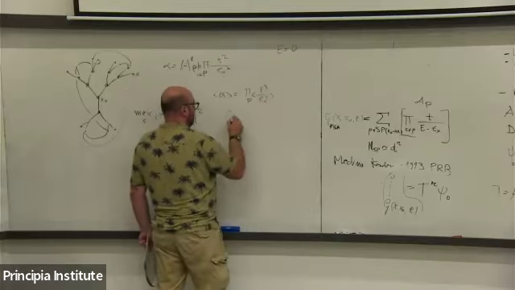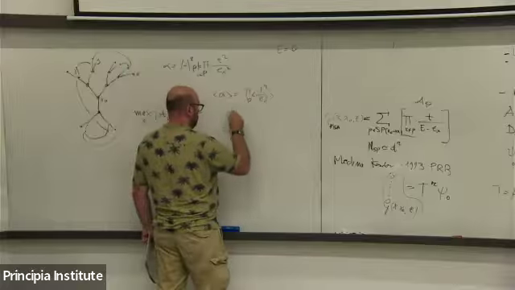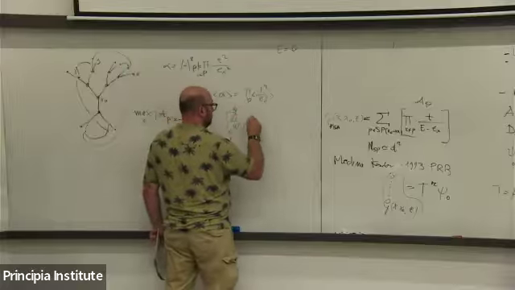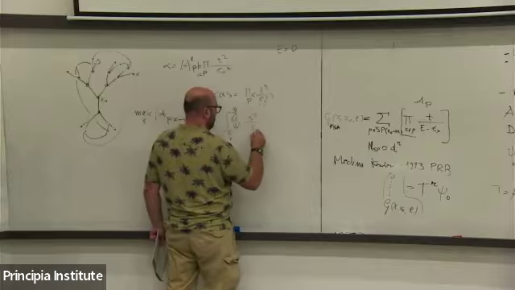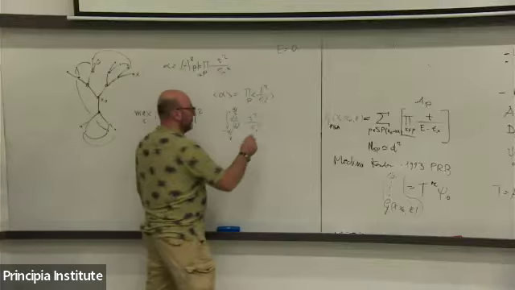So this is the integral in d-epsilon divided by w, from minus w half to w half, of t squared divided by epsilon x squared. Okay, this is infinity.